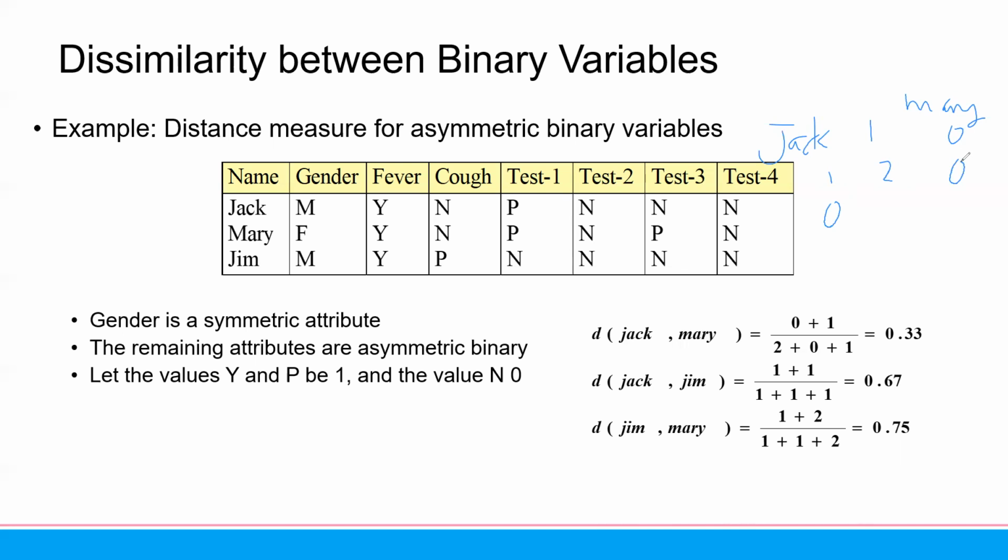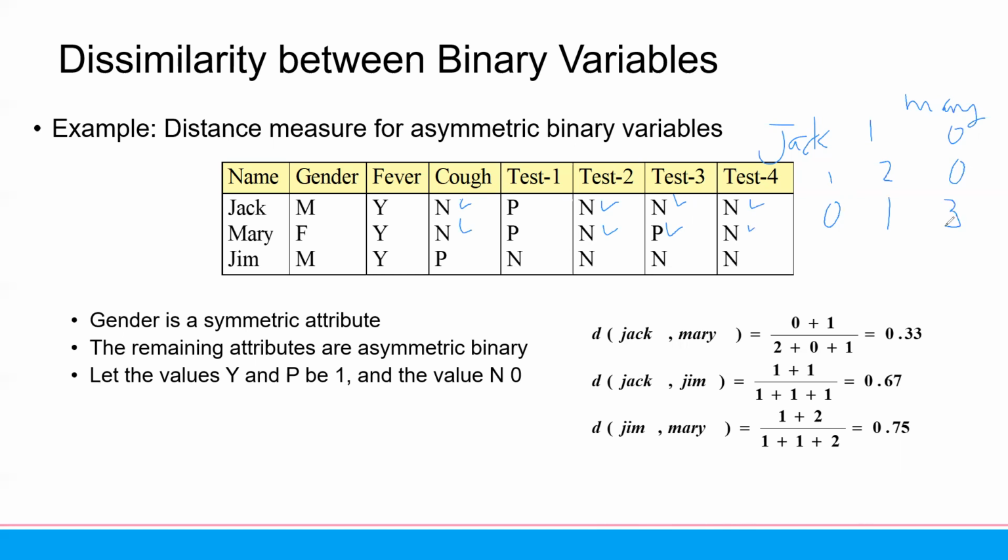And then what if Jack is negative and Mary is positive? We have 1. And what about if we have 0 and 0? 1, 2, 3. So we have 3.